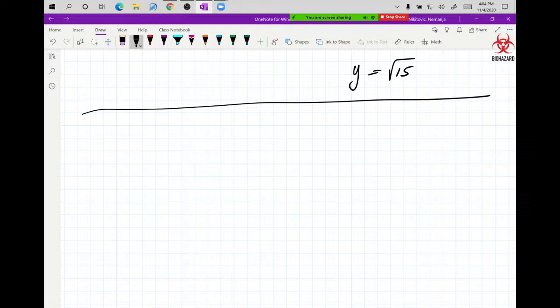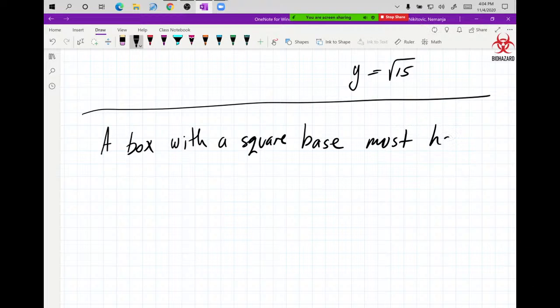So let's say a box with a square base must have a volume of, let's say, I don't know, 38 square feet.